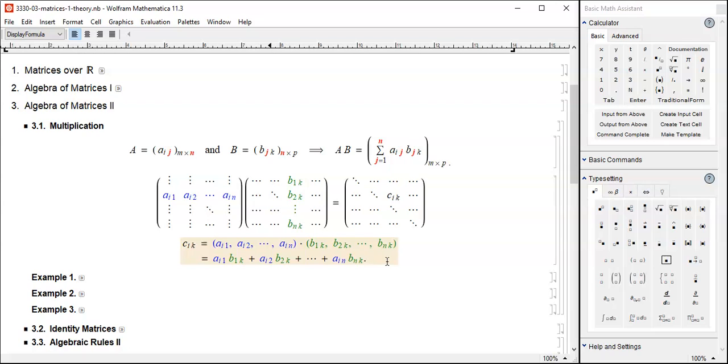So, two important numbers here. n, that's the size of these matrices, the number of columns for the left, the number of rows for the right. That's one. Another one, the index j equals 1 through the common size n. Those two are very essential in the definition of matrix multiplication, and they're common, as I highlighted in red.